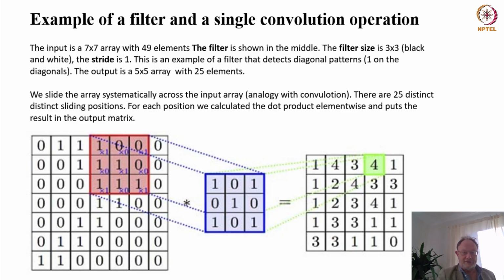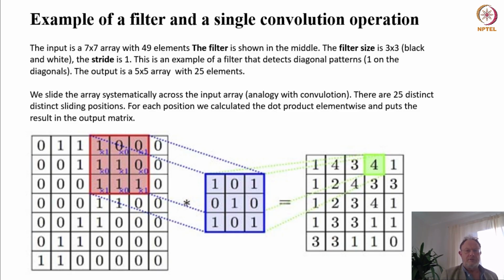And this filter, and this is a new thing which we didn't talk about in the last slide, of course has to have a certain pattern, because the pattern in the filter is what defines the measurement we want to do. So in this case, it's a filter that is supposed to find diagonal patterns in the input image.